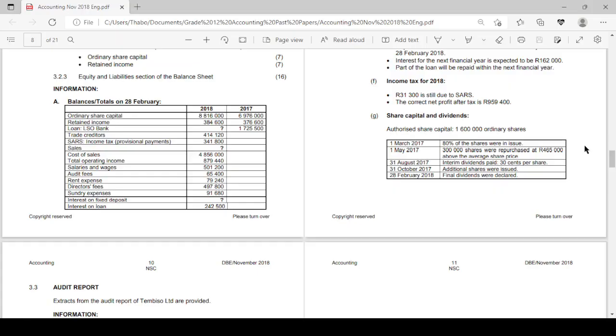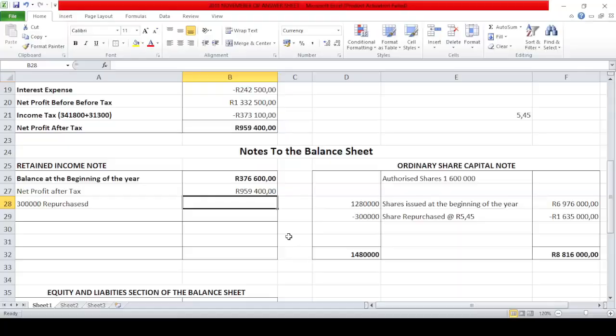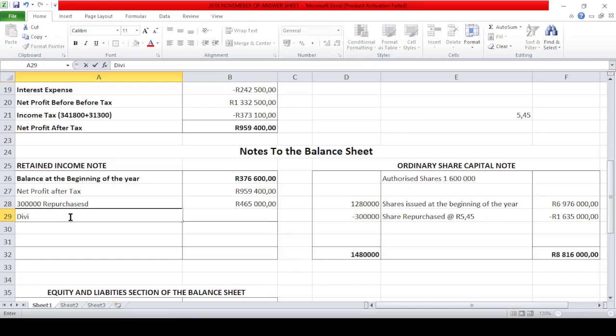As I've said, the amount we are given is 465,000. So after our repurchases, on our retained income note, it's going to be our dividends. So we all know that we are starting with our interim dividends.